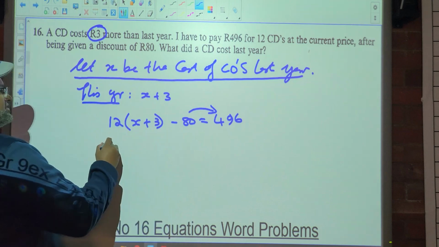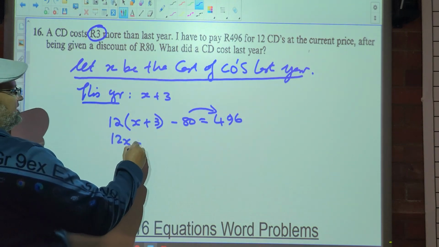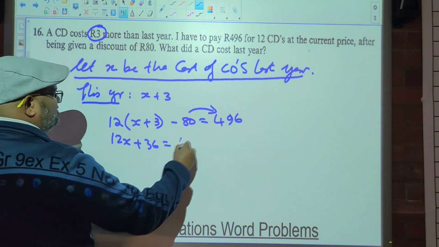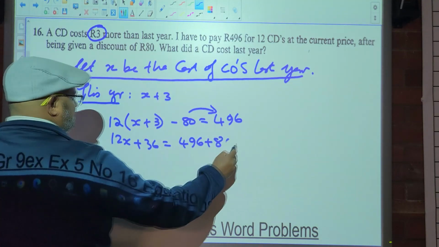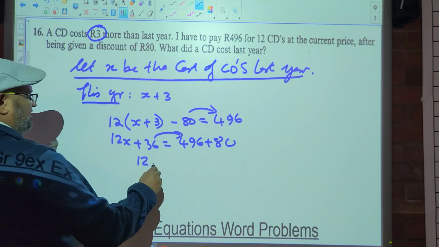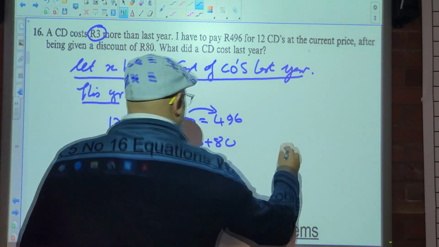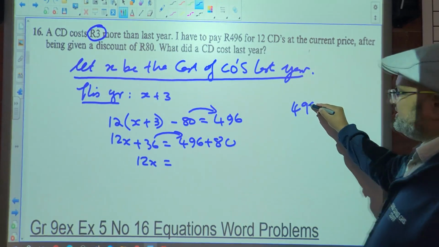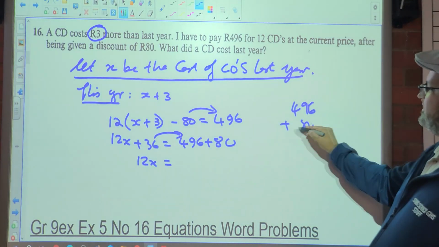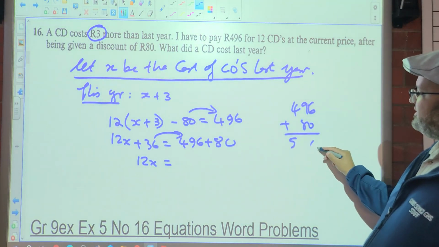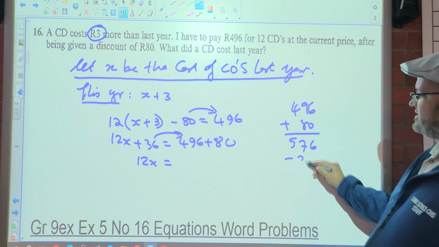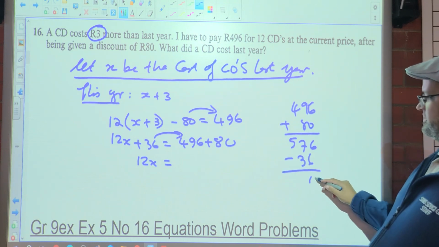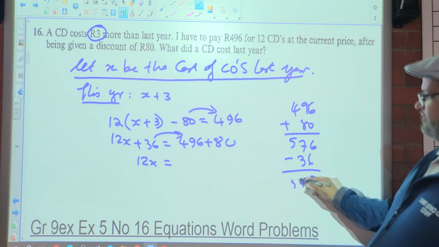You take it over the equal sign. So 12x plus 36 is equal to 496 plus 80. So it's going to be 12x is equal to 496 plus 80. It's going to give you 576 minus 36 is 540.